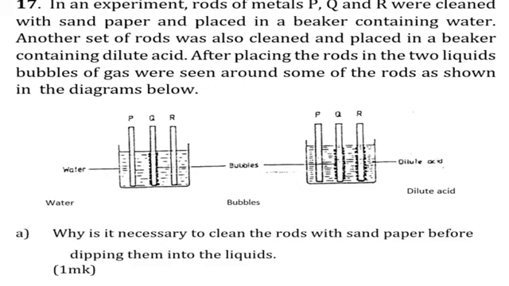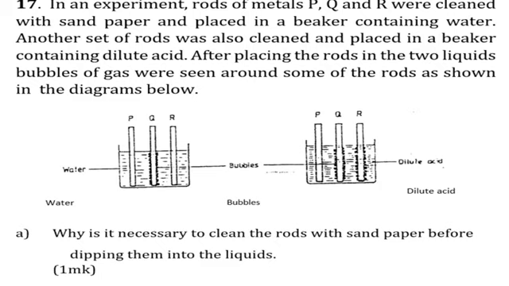Number 17, in an experiment, rods of metals P, Q and R were cleaned with sandpaper and placed in a beaker containing water. Another set of rods was also cleaned and placed in a beaker containing dilute acid. After placing the rods in the 2 liquids, bubbles of gas were seen around some of the rods, as shown in the diagram.